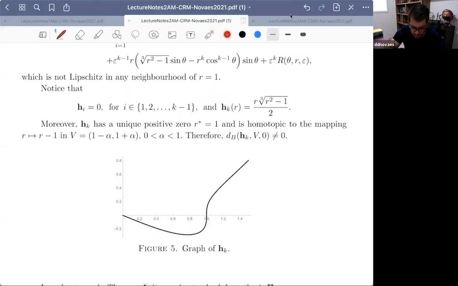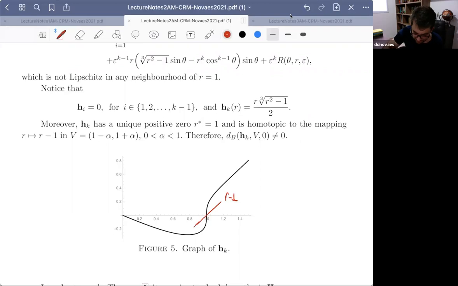Okay. In order to do that, we can use the homotopy property of the Brouwer degree. It's constant under some suitable assumptions during the deformation. Okay. So the idea here is to construct a homotopy between h_k(r) and the linear function r minus 1.